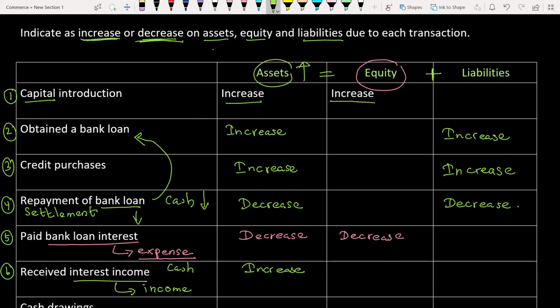So equity also increases. So remember, expenses lead to decrease assets and decrease equity. And on the other hand, income leads to increase assets and also increase equity.